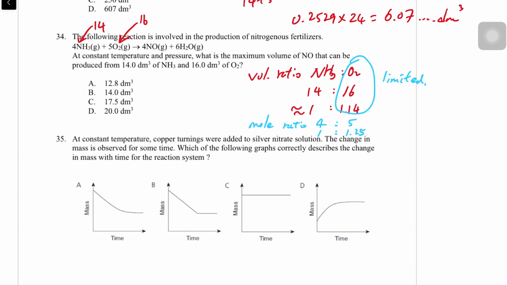It should be more than 16 dm cube of O2 in order to completely react all the 14 dm cube of NH3.